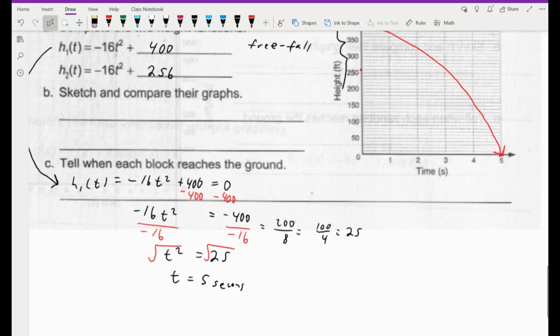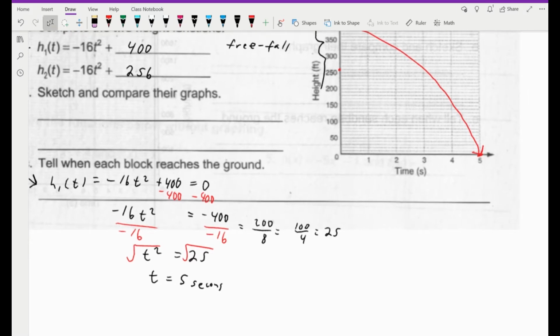Now let's solve for the other equation, minus 16t squared plus 256, and we'll set this equation also equal to 0. So we're going to solve for t squared. We'll first subtract the 256 from both sides. So we have minus 16t squared equals 0 minus 256, which is negative 256.